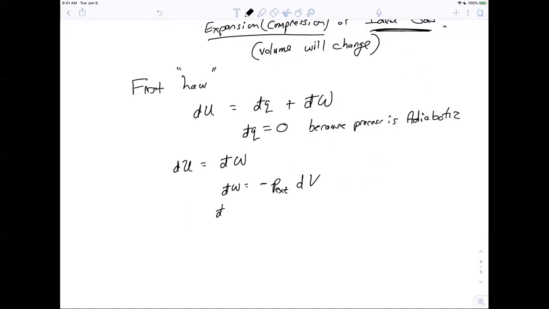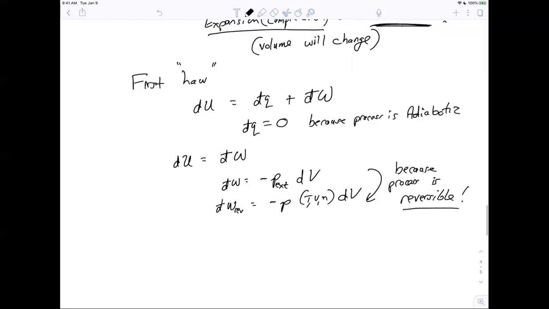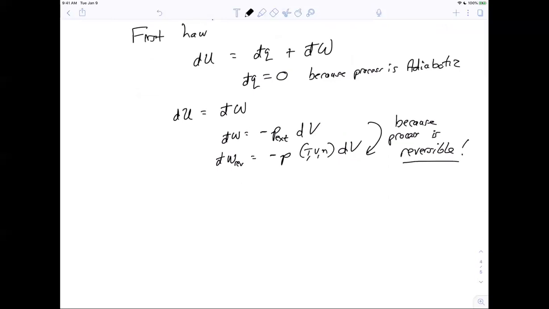So dw reversible is minus p of temperature, volume, n times dV. We can make that substitution because the process is reversible. That's given in the problem statement. Any questions so far?